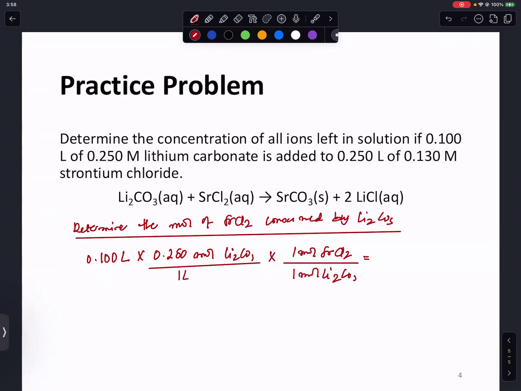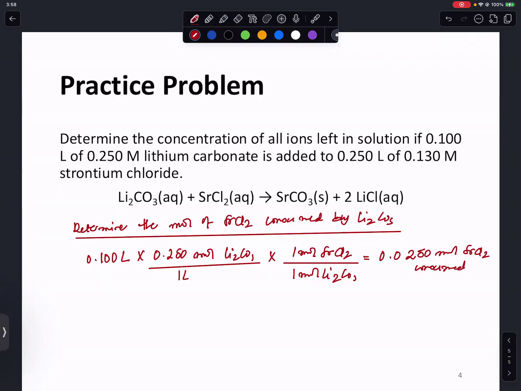And in this case, let's calculate, what do we get? 1.00 times 0.250, and we have here 0.0250 moles of strontium chloride consumed.